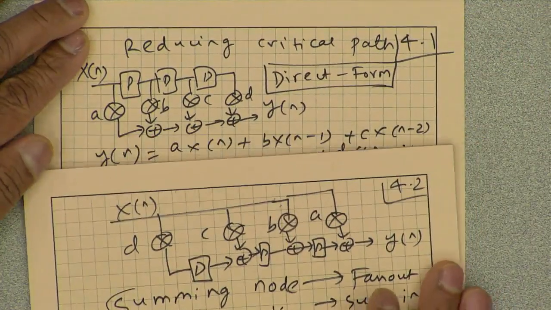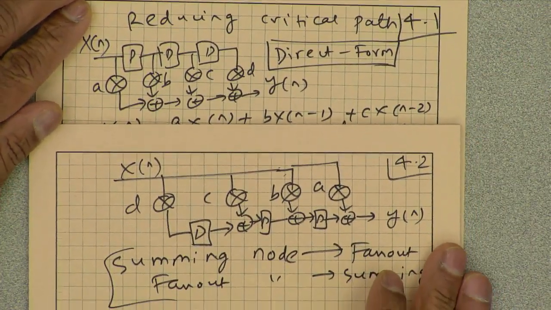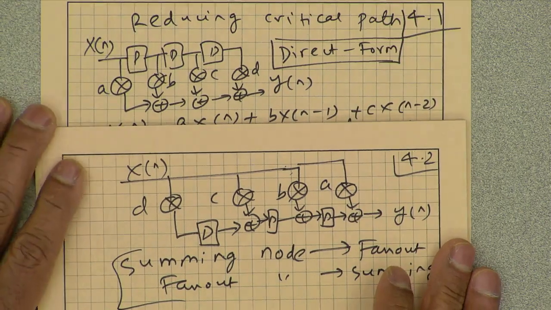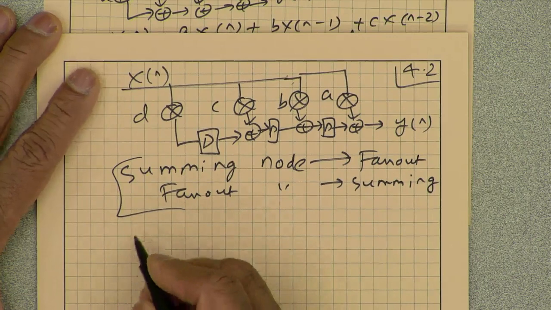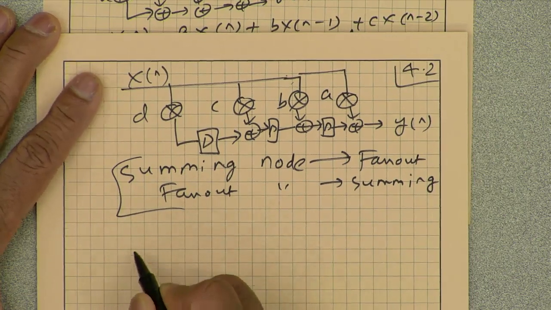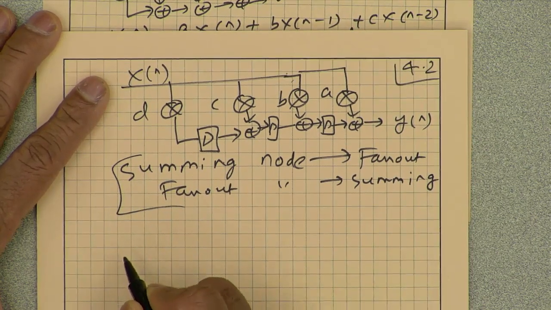So typically when you think about a multiplication in the hardware, and I mentioned that before, multiplication in hardware is analogous to convolution operation at the algorithmic level.